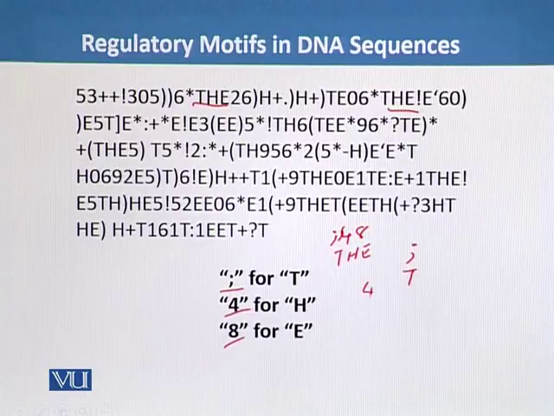Similarly, he used the digit 4 for H, and wherever there is a 4, he used the alphabet H. And similarly for 8, he used the alphabet E.